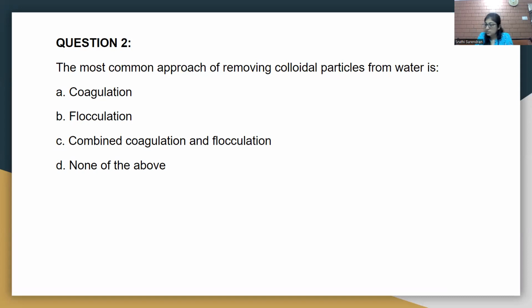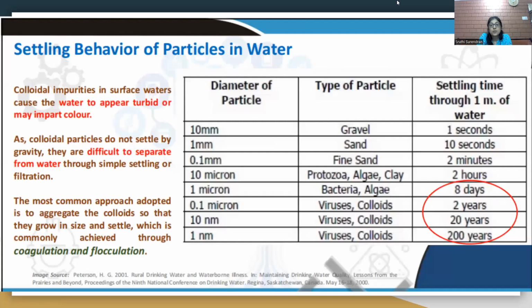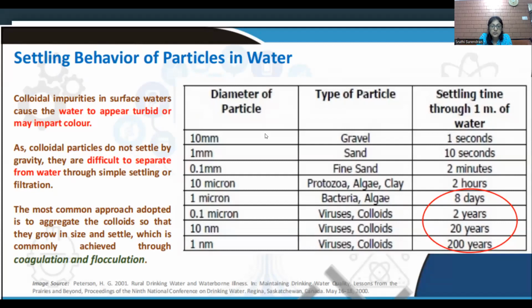Okay, so moving on to the answer to this question. The most common approach of removing colloidal particles from water is combined coagulation and flocculation. Now, in the first question, we discussed the size of the particle, basically the diameter of the particle, and the classification based on this.